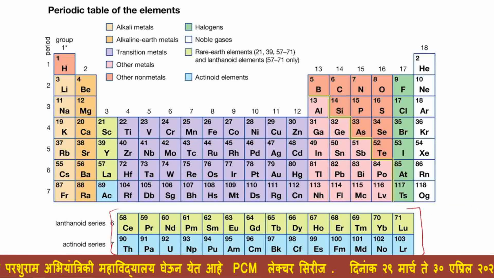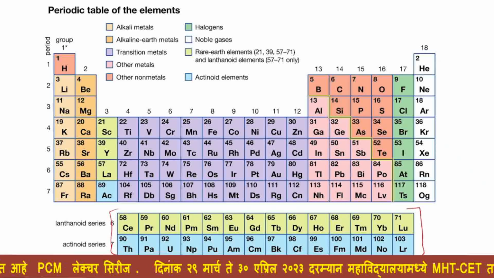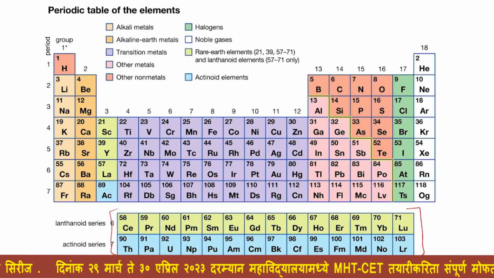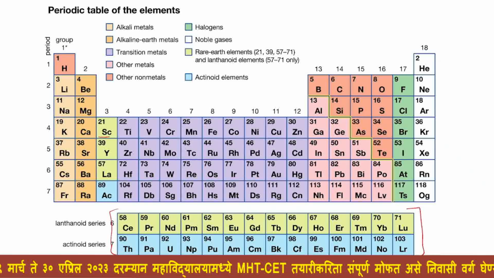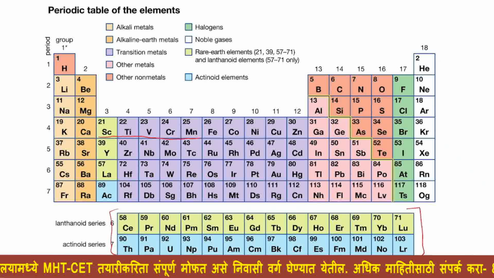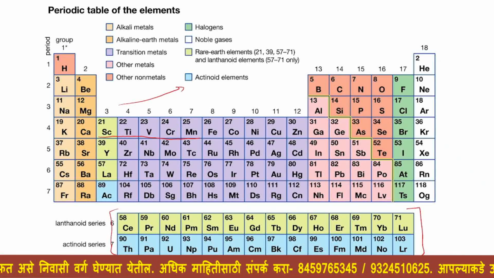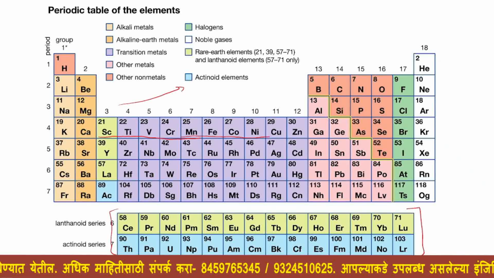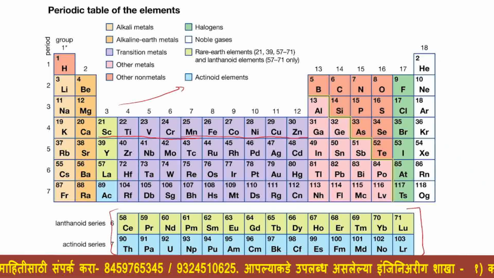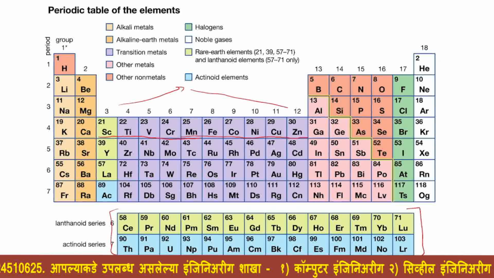The general trend of oxidation states in this series is, as you go from left to right, from scandium to manganese, oxidation state increases, and as you go further from manganese to zinc, the oxidation state decreases.